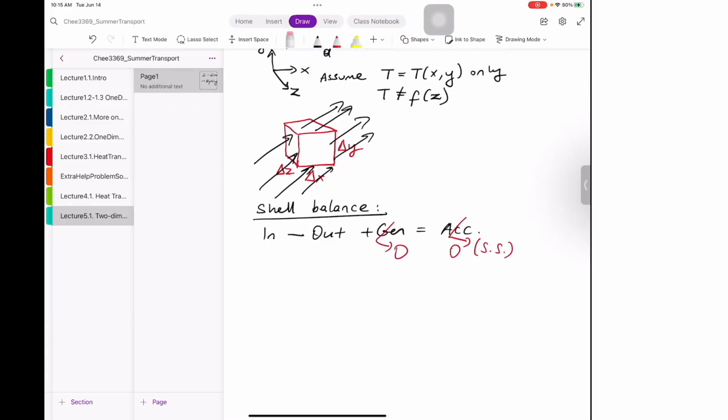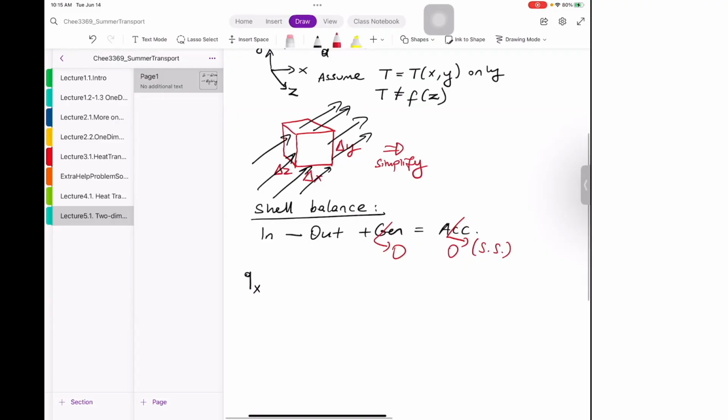Whatever comes in is basically the heat flux q along the x direction. So I can simplify my picture by decomposing the heat fluxes into x and y components.